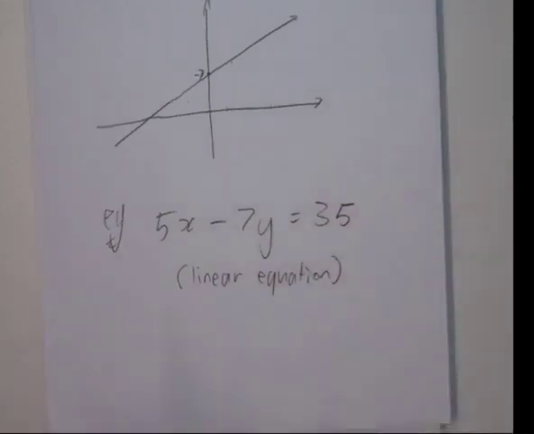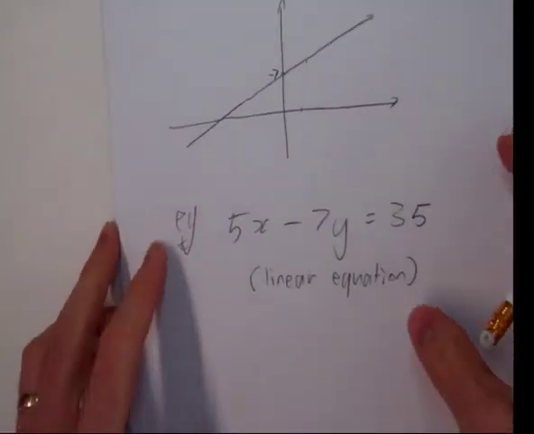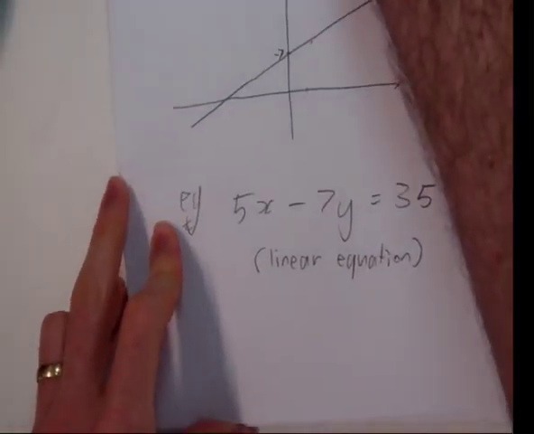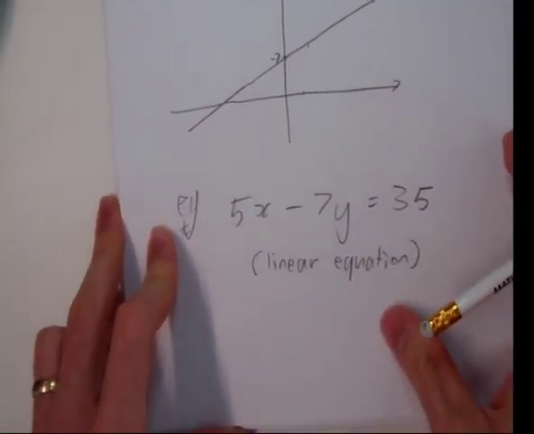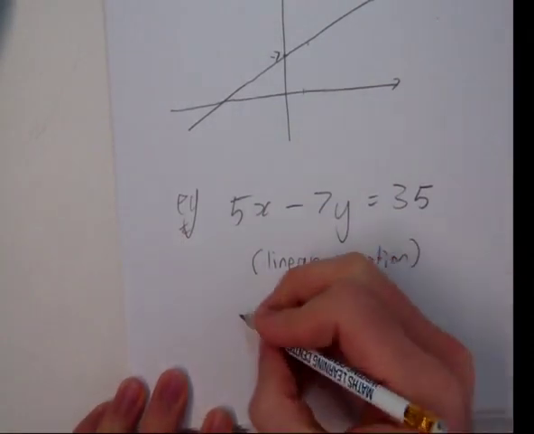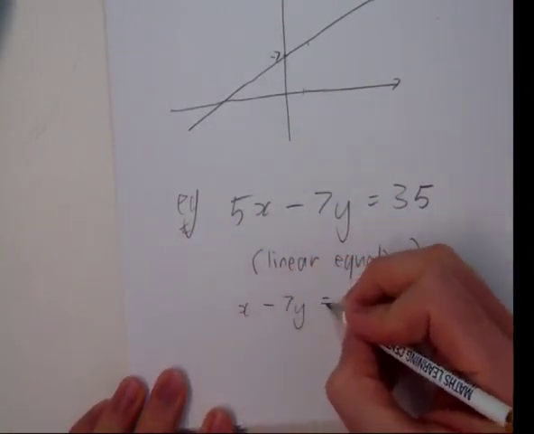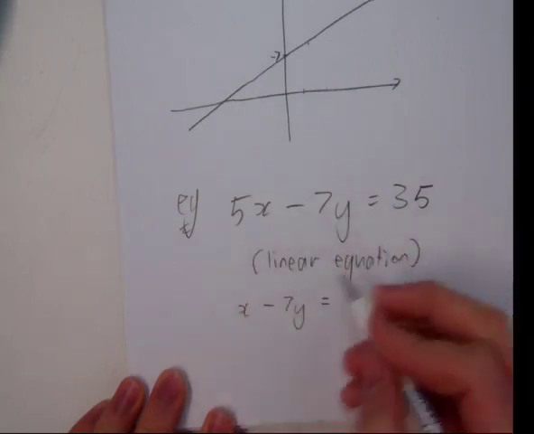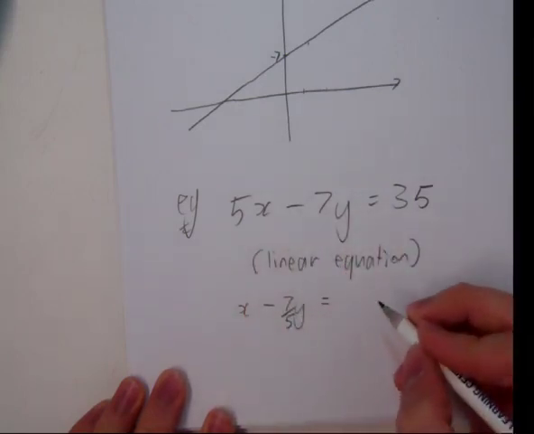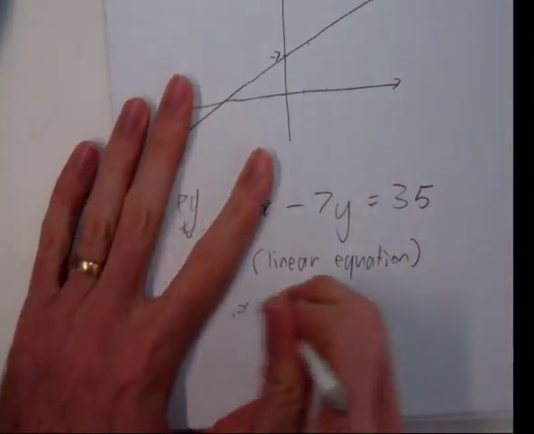And it also represents a straight line. You can rearrange that equation to create the other version. If I divide everything by 5, note that was a bad plan, just a second.